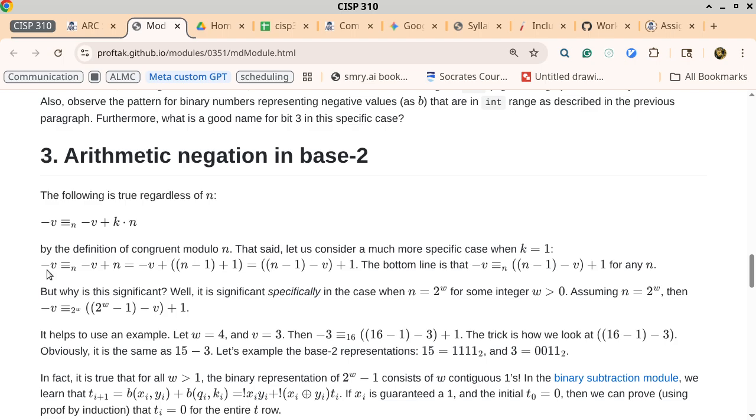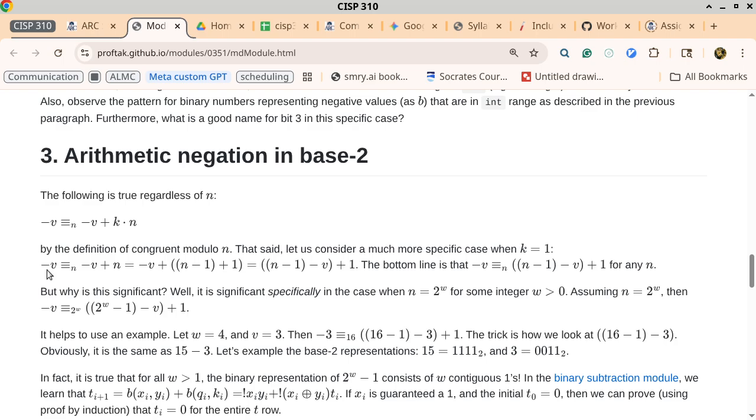It's negative v, some kind of integer. The right-hand side is negative v plus n. So the question is, is it off by an integer multiple of n? It is, right? If it is off by an integer multiple of n, those two values are congruent modulo n. Is that okay?